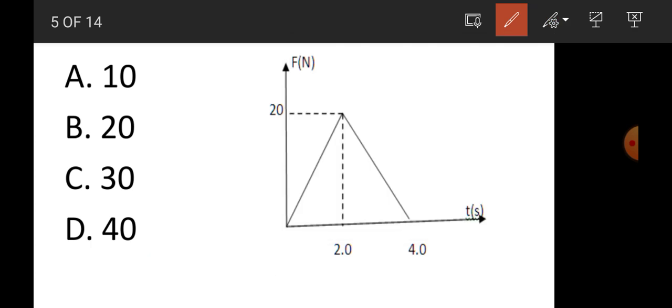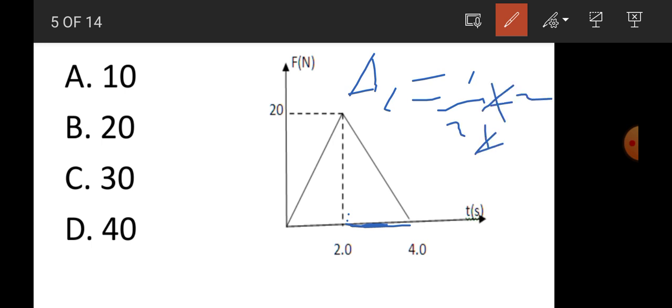Similarly for the second, area 2 is equal to 1 over 2 times base, which is 2, times height, which is also 20. So again we get 10. The area of area 1 is 10. Then the area of the second triangle is also 10.